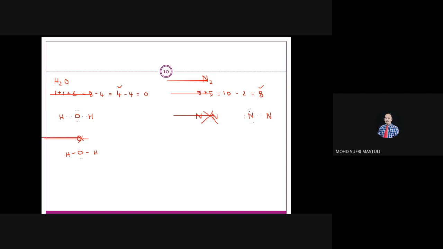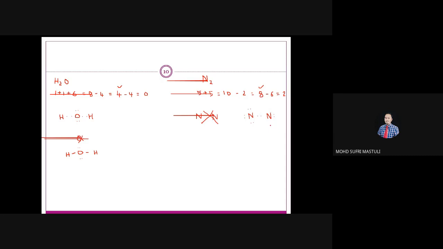2, 4, 6, 8. This 2 is this one, so we already used 2, 4, 6. So 8 minus 6, we have another 2. Since this nitrogen is already fully occupied with 8 valence electrons, this other 2 electrons we can put here.